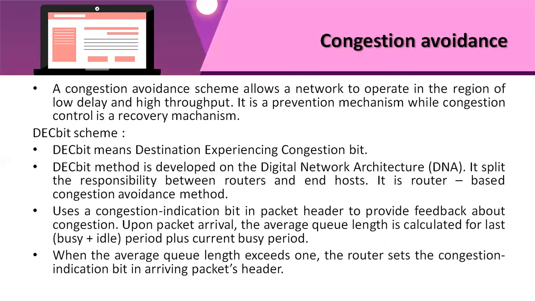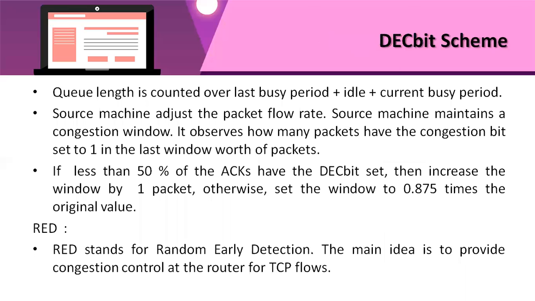So it is purely based on probability. The average queue length is counted over the last busy period plus idle time plus the current busy period. If the average queue length exceeds 1, the router sets the congestion bit, and the source machine adjusts the packet flow rate.